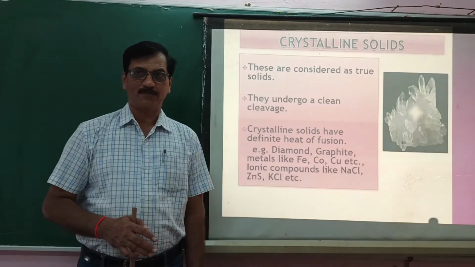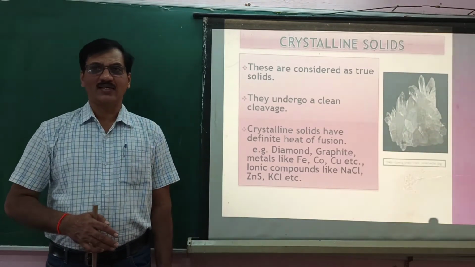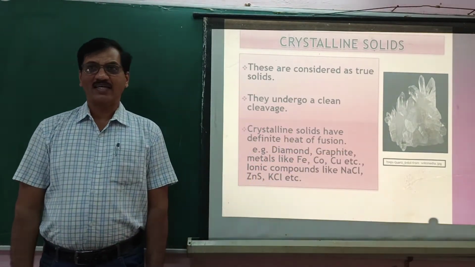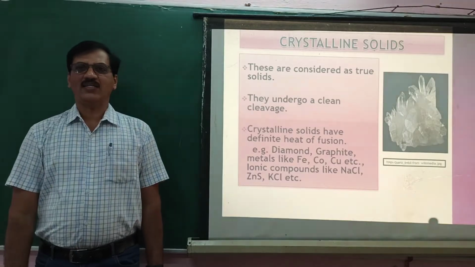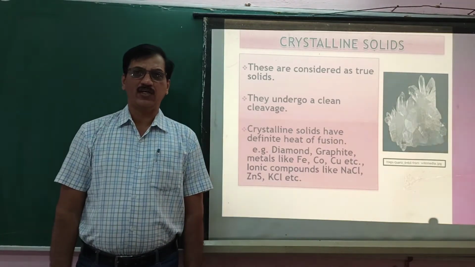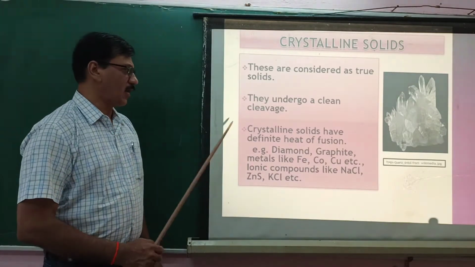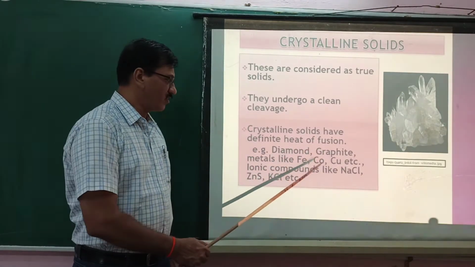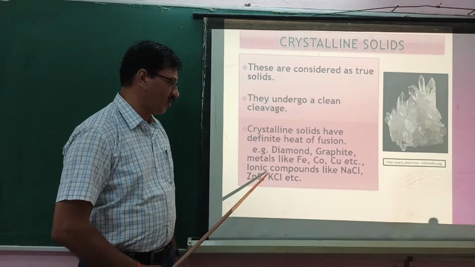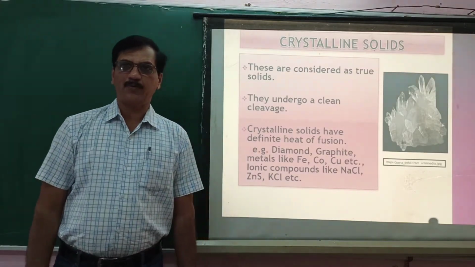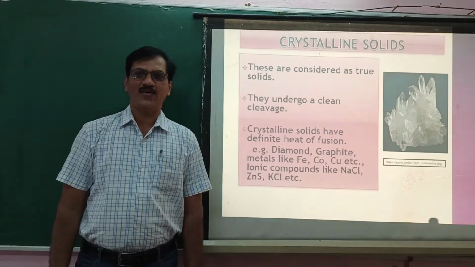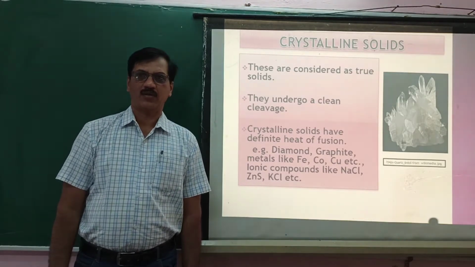That is how they differ. So you can see the crystalline solids here have clean cleavage and definite heat of fusion. Here diamond and graphite are taken as examples of elements, and some compounds like KCl and ZnS are also there. All these are pure substances, pure solids, and they have a sharp melting point.